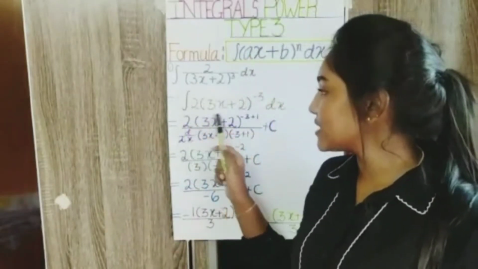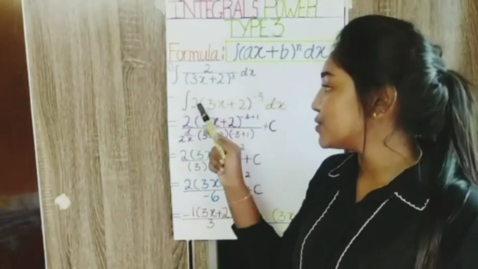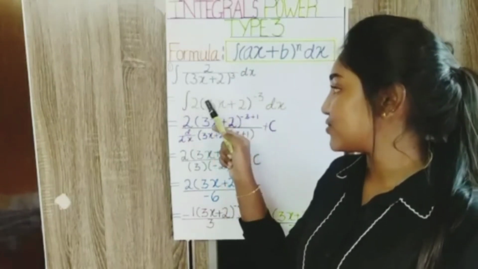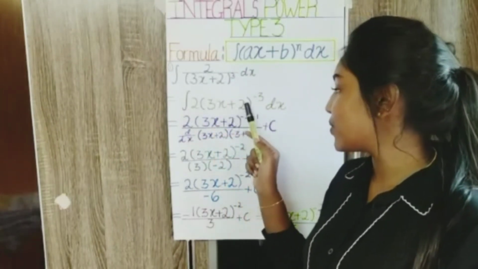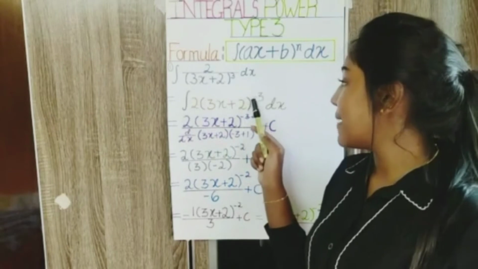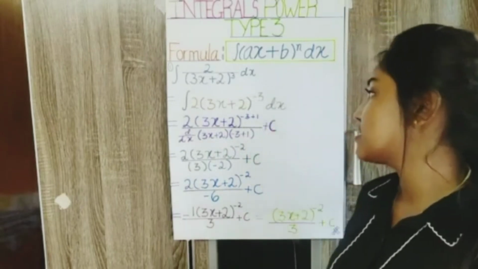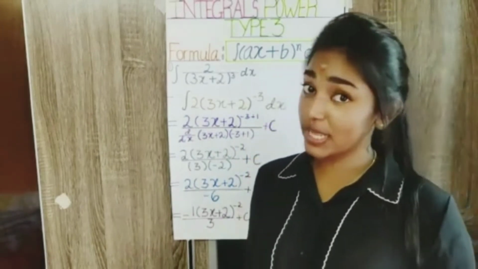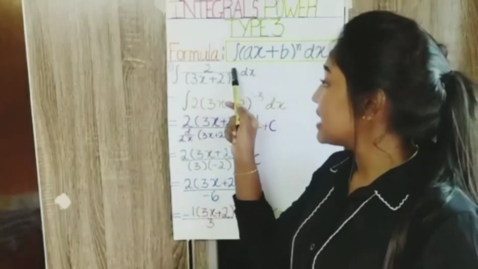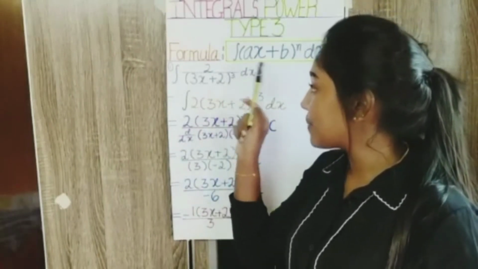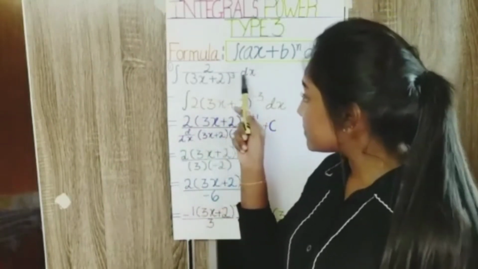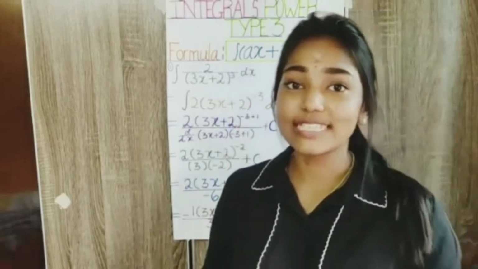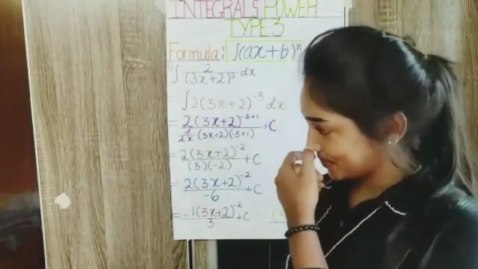So the equation will look like 2 (3x + 2) to the power negative 3 dx. Why negative 3? Because we bring this equation from down to upside. So this 3 will automatically change to negative 3, right?